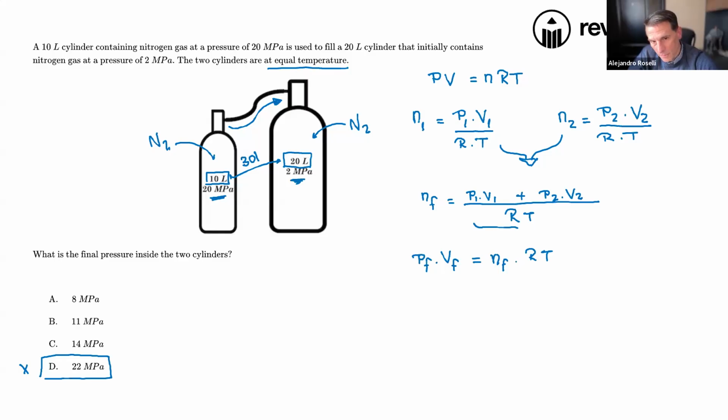And all that we need to do is to substitute the final number of moles in here, which, by the way, you might be able to realize that RT will be simplified from the expression, and we'll just get P1 times V1 plus P2 times V2. And those R and T's are canceled. All we need to do now is to solve this expression for the final pressure.